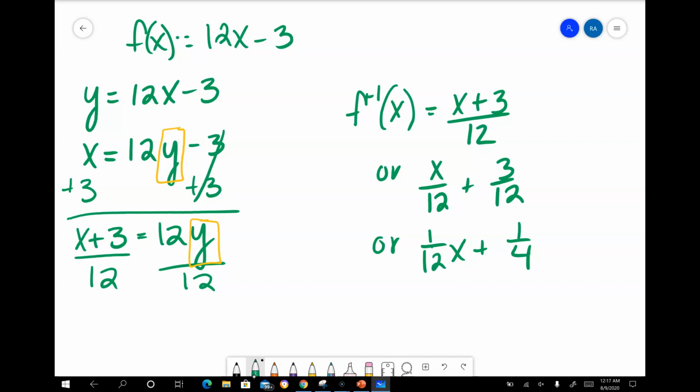If it asks to write it in the simplest terms, then you will have to reduce. Or if you have multiple choice, being able to recognize that this is equivalent to this is very important with multiple choice. Okay, you just never know how they're going to do it. So you need to make sure you're fully aware that these two are the same, just different format.